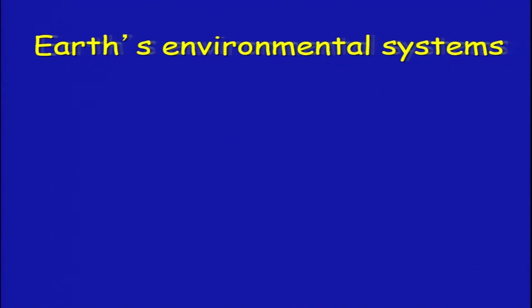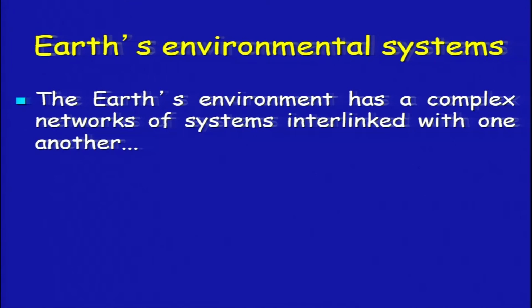Now, Earth's environment has a complex network of systems interlinked with one another. Why is this statement coming here? Because if you disturb one, another will get affected.